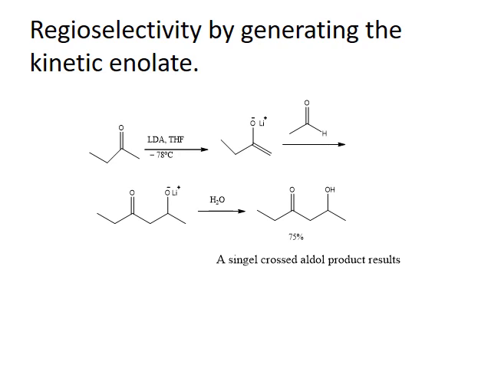We have learned that kinetic enolate is generated from the less sterically hindered position, because the base used is a bulky base and very strong.